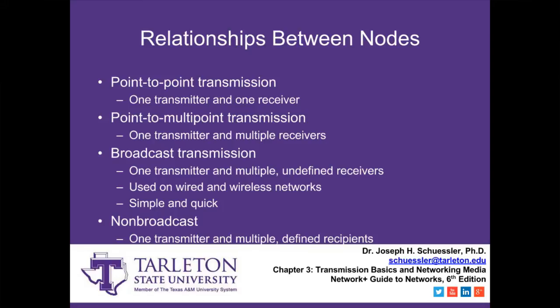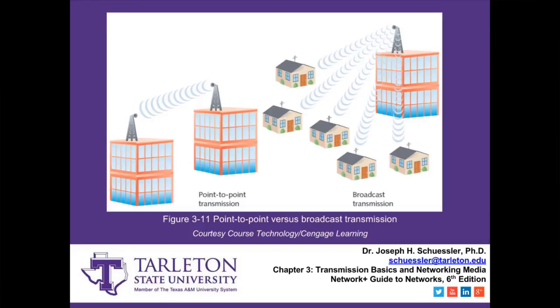This is as opposed to non-broadcast, where we're talking about one transmitter and multiple defined recipients. So specific people, we're going to allow lots of people to access it, but we're going to know specifically who they are and control access to it. So again, with point-to-point, we may be linking up two different buildings, Los Angeles and New York.